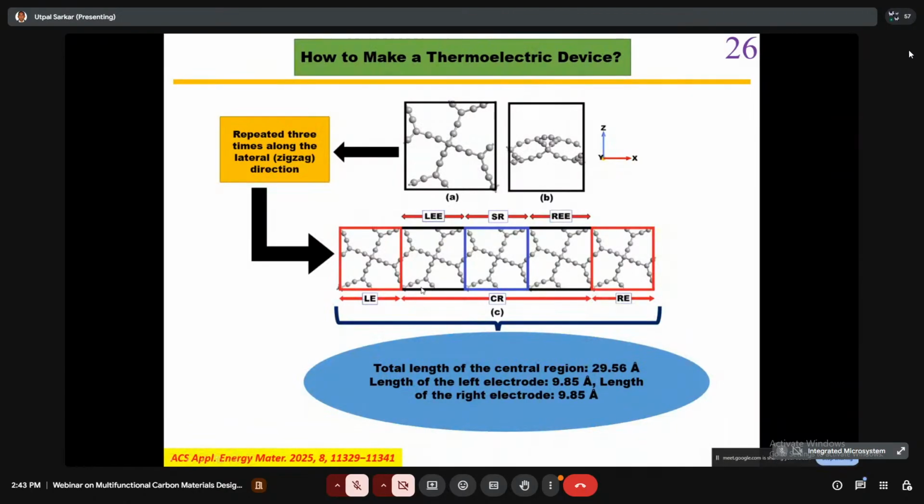This central region comprises three regions. One is the main scattering region, and this is the extended left electrode, this is the extended right electrode. So the central region comprises the scattering region plus the extended part of the left electrode and the extended part of the right electrode, and the length is given here for each of these.